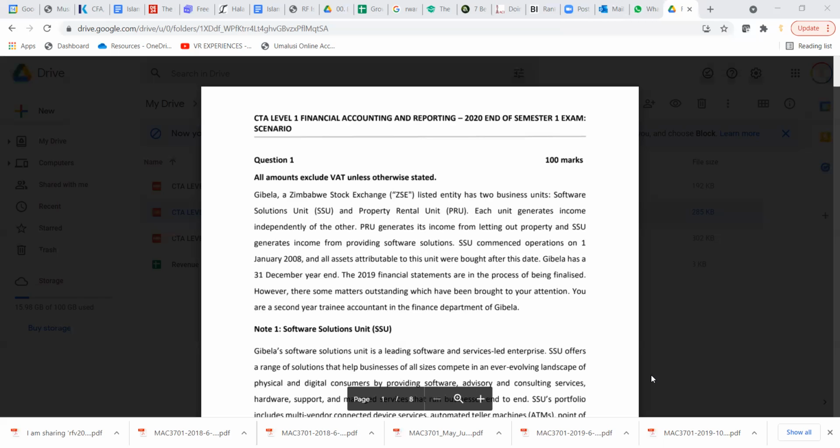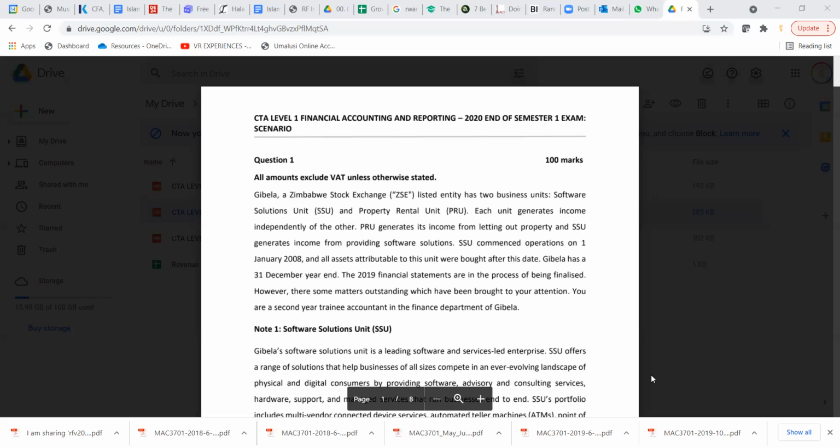Okay, so that's important. Once we conclude that it's financial instruments, what we know within financial instruments is that there are three types: either financial asset, financial liability, or equity. Then you'll need to tell them which one it is. Once we know that, we discuss the accounting treatment, because remember in IFRS 9, whether it's an asset, a liability or equity will determine how we have to do the accounting treatment.